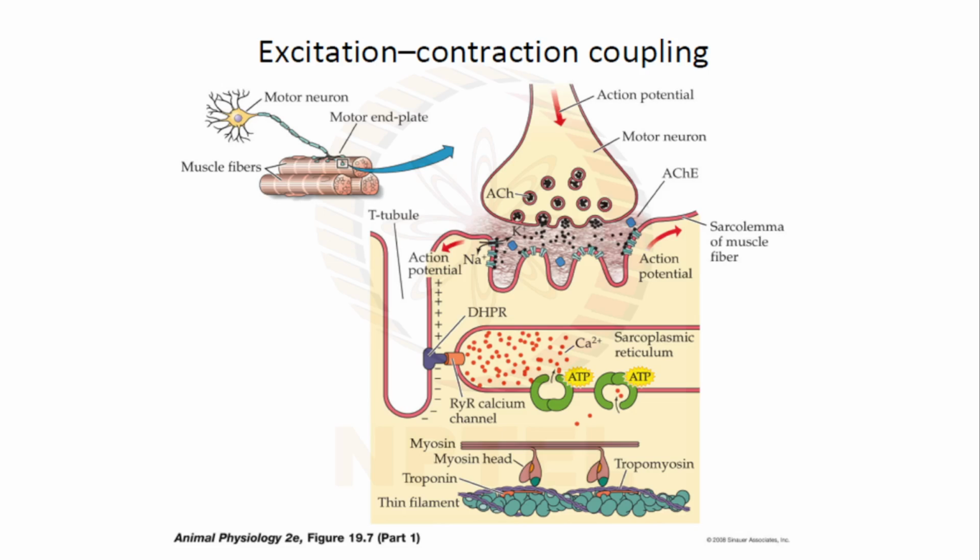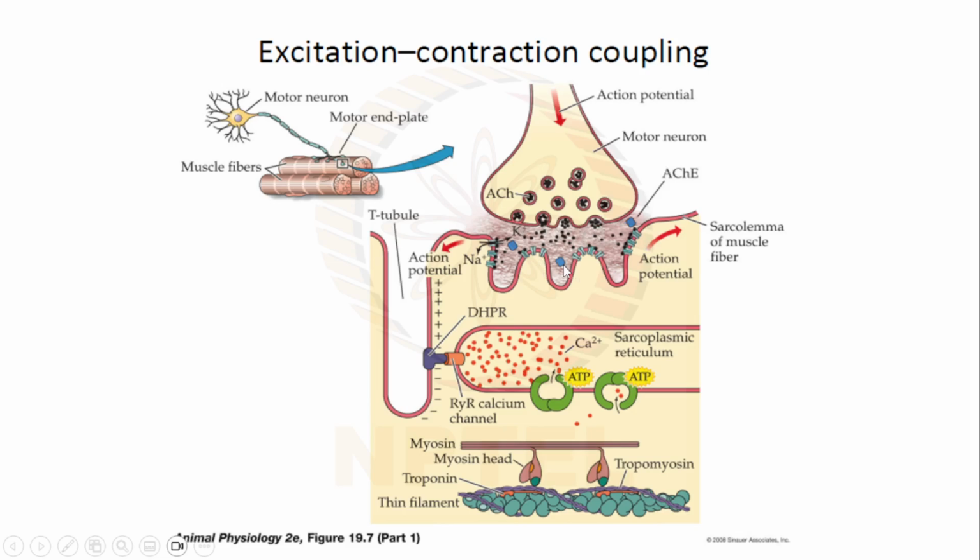There'll be a change in the voltage, and the voltage gated ion channels will open, which will then cause these acetylcholine granules to fuse with the presynaptic membrane, which will then release the acetylcholine.